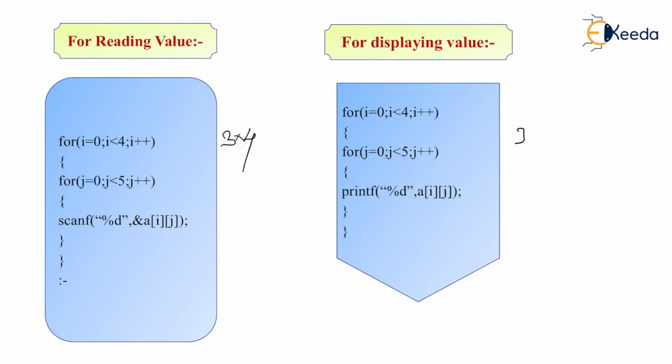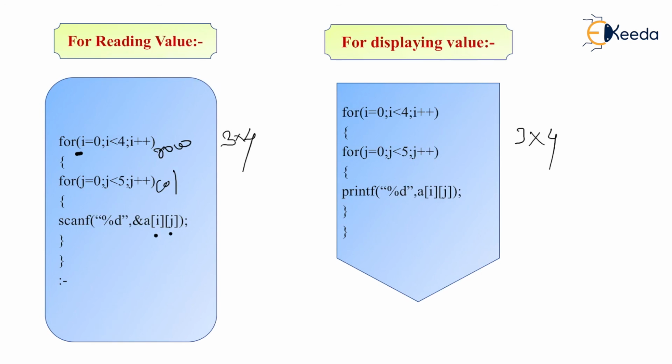Now for j equal to 0, j less than 4, j plus plus. The first for loop is for the rows and the second for loop is for the columns. So we can say i is the row and j is the column.